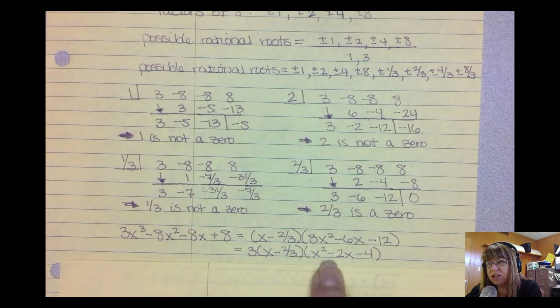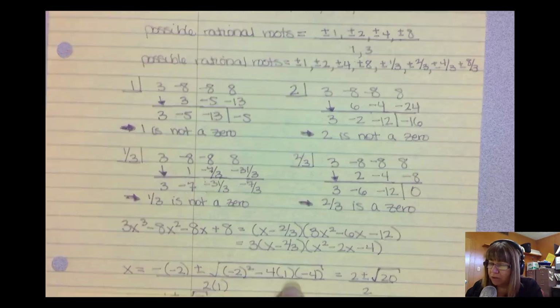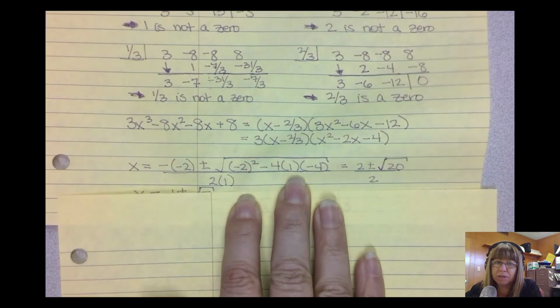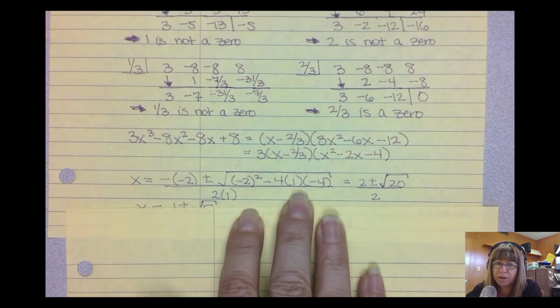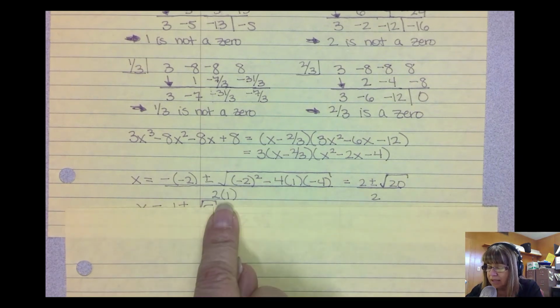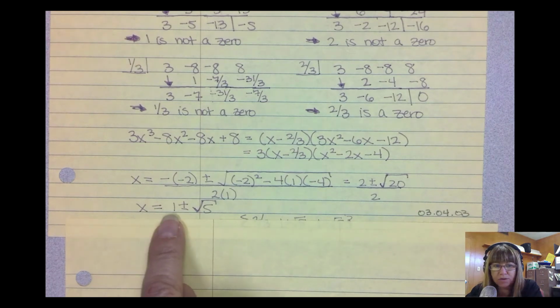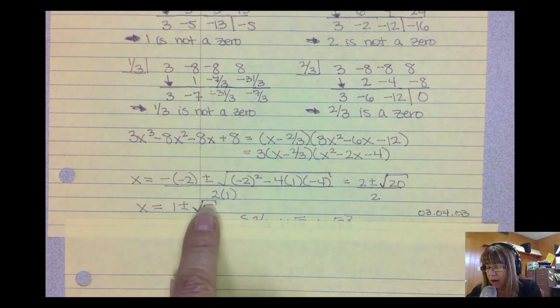So in terms of the easy stuff that I've tried, I'm going to go ahead and roll back to the quadratic formula. So using the quadratic formula, that nice negative b plus or minus the square root of b squared minus 4ac all over 2a, I did use this method, and I ended up getting x equals 1 plus and minus the square root of 5.